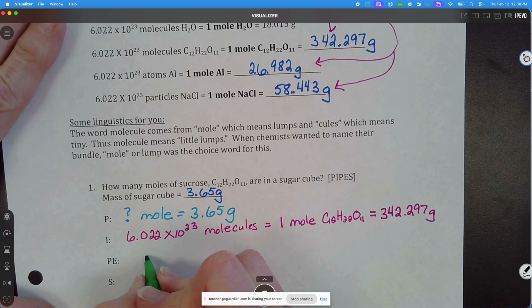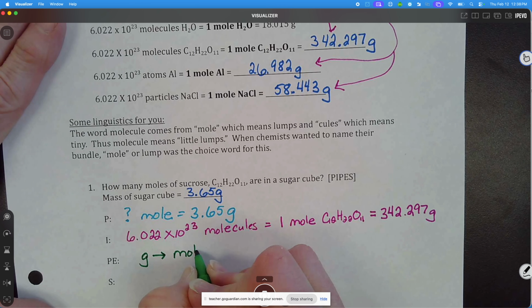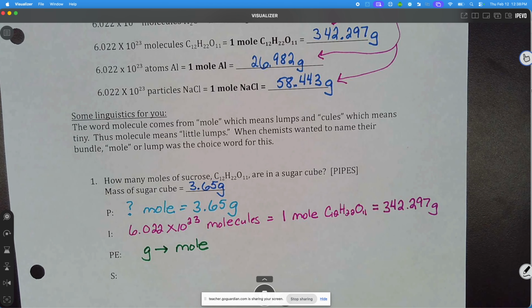I need to get from grams to moles. And now I'm going to get rid of one piece of my conversion factor. I can't use all three of these things at once.